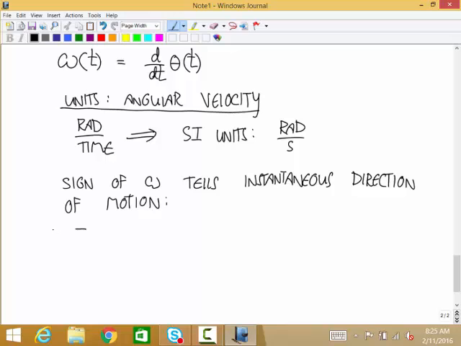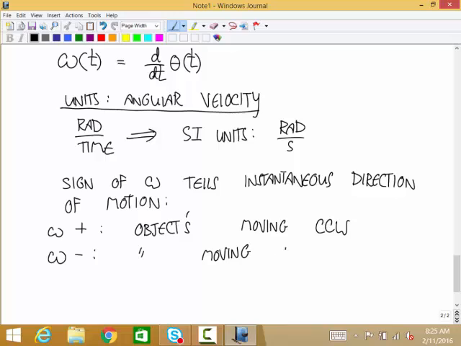So if omega is positive, the object is moving counterclockwise around the circle. And if omega is negative, the object's moving clockwise at that instant.